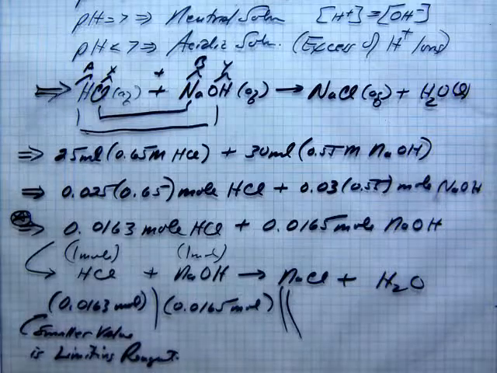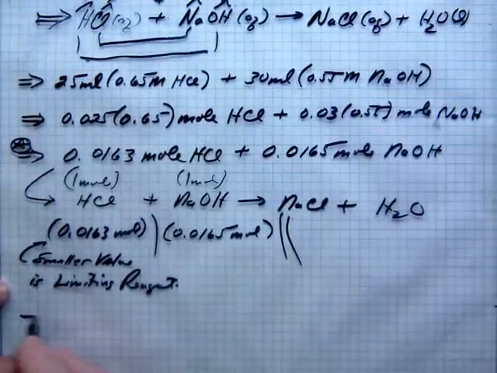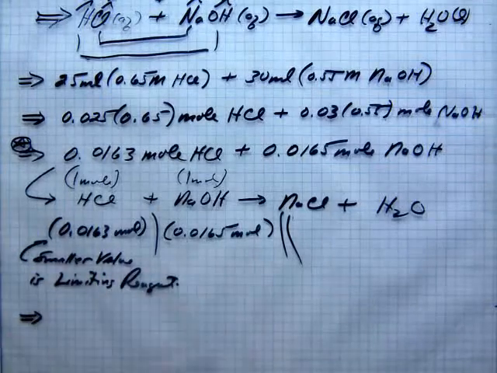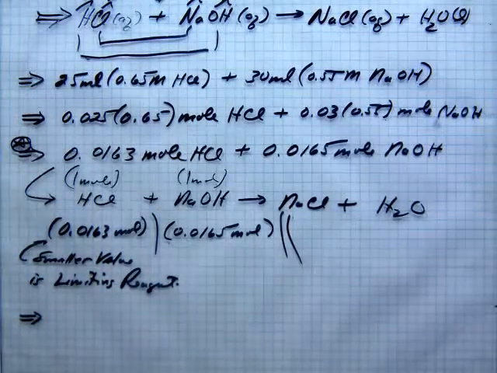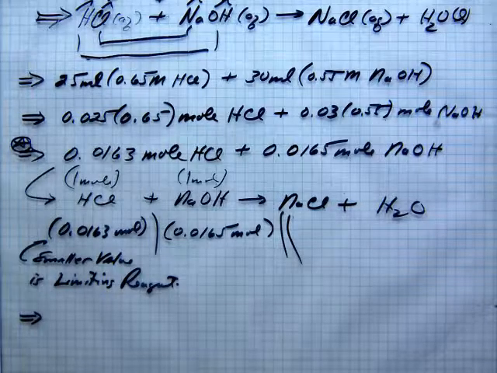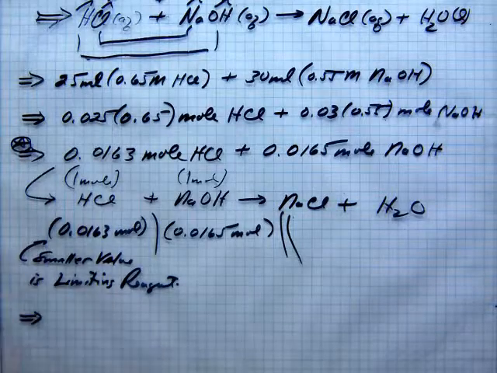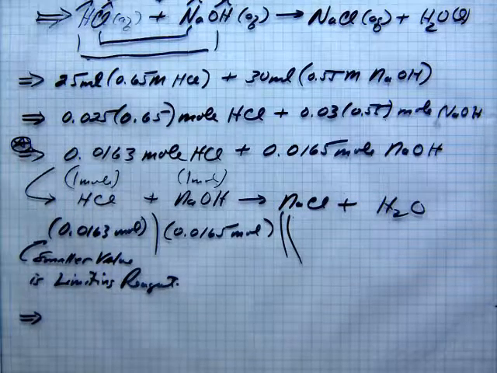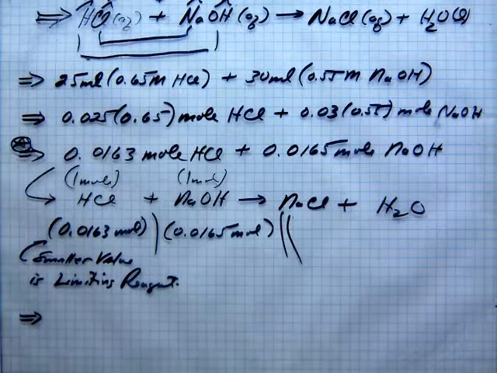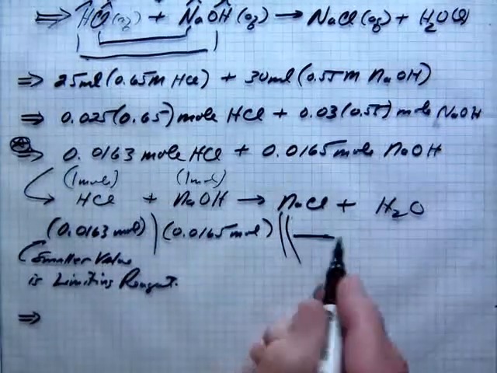So now I come down in here, and what is this telling you? When this reaction finishes, what have I got in the beaker? All of the acid is gone, because this is the one in the smaller amount. And the amount of acid converted will also be the amount of salt.